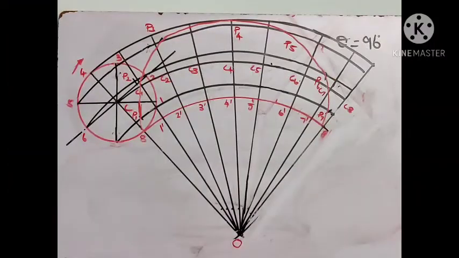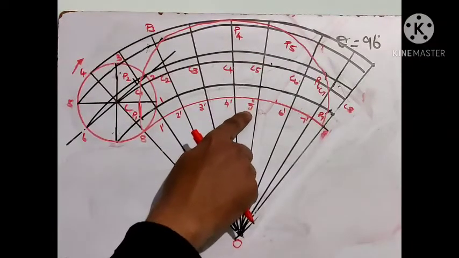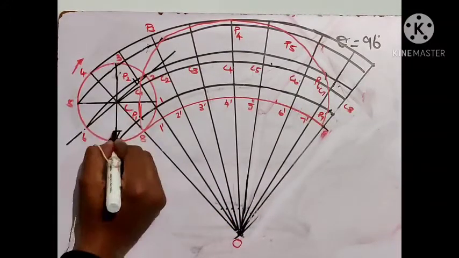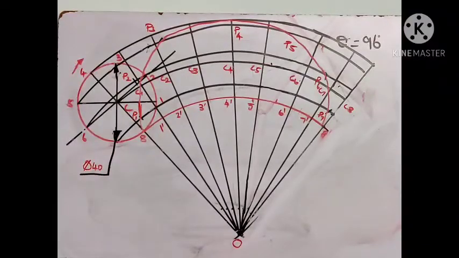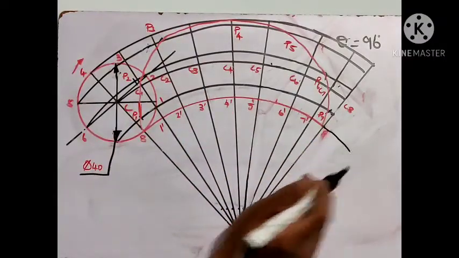Okay, you dimension three things. One is the diameter of the generating circle, the radius of the guiding circle, and the angle. So these three things you need to mention. The generating circle, that is nothing but 40. Okay, so for dimensioning the guiding circle, you extend the line something like this.